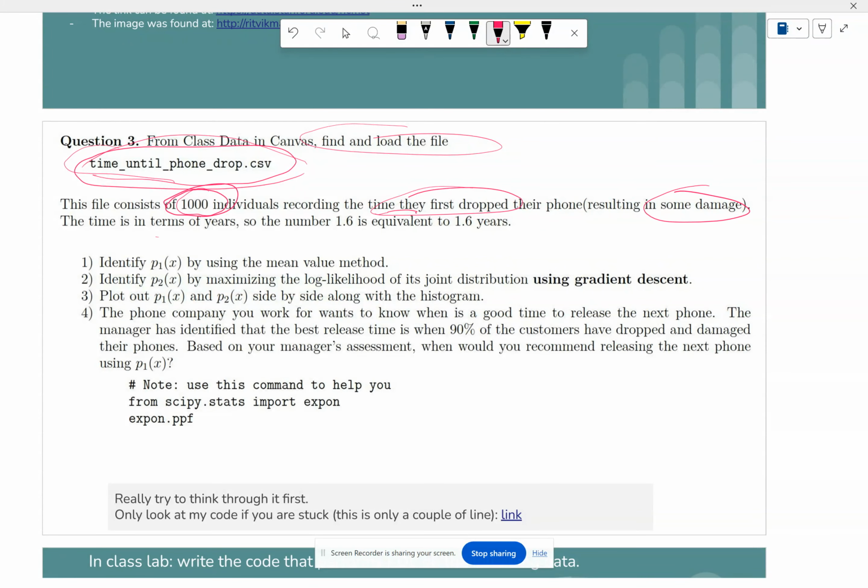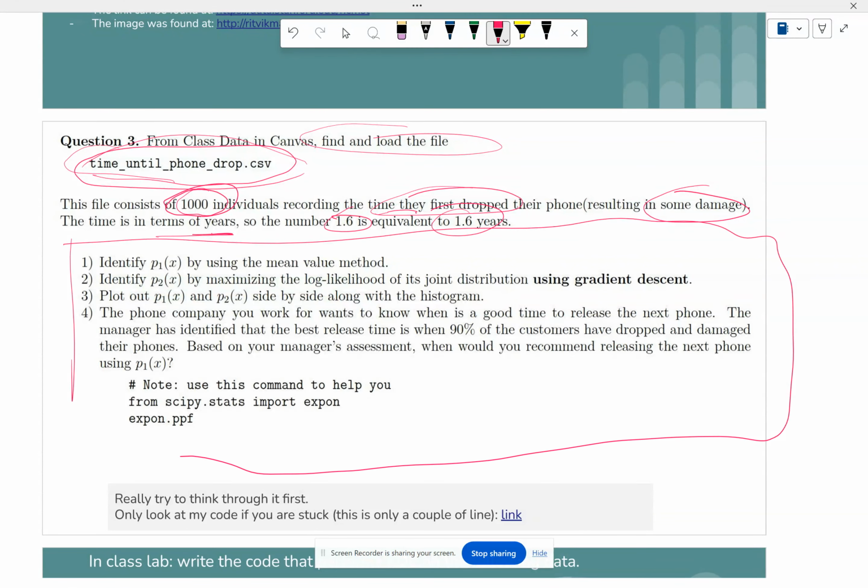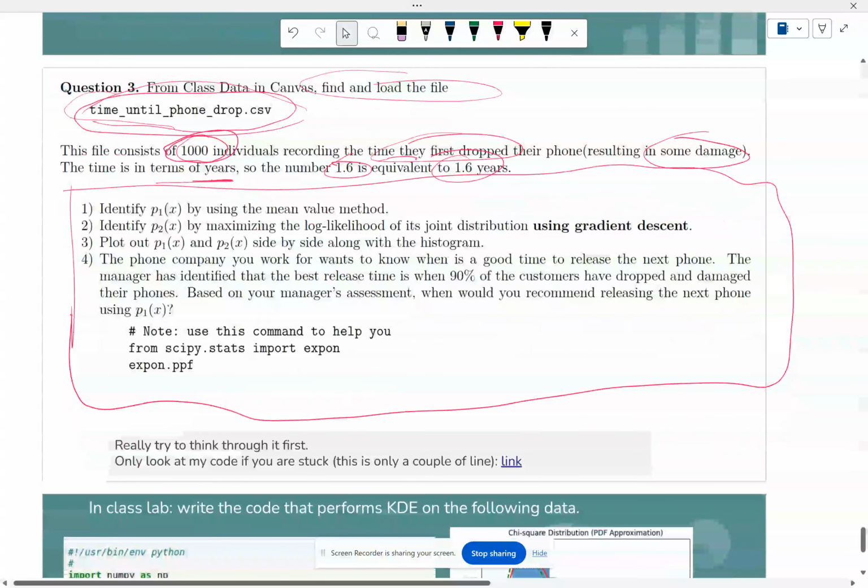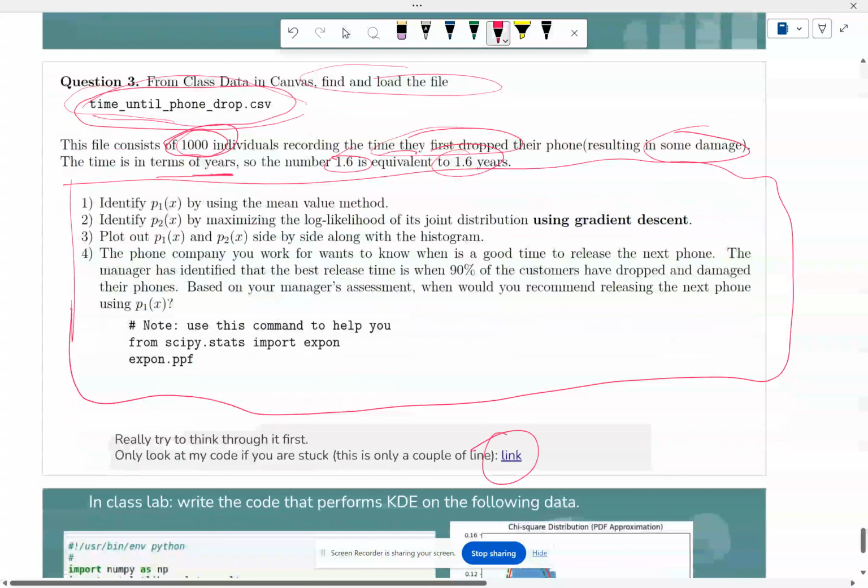The time is in terms of years, so 1.6 would be 1.6 years. You're going to see if you can solve these. I provide the solution for you. Here's the link to the solution. Hopefully you'll be able to do it. Definitely don't look at it first. Try it yourself first, and use my solution as a reference.